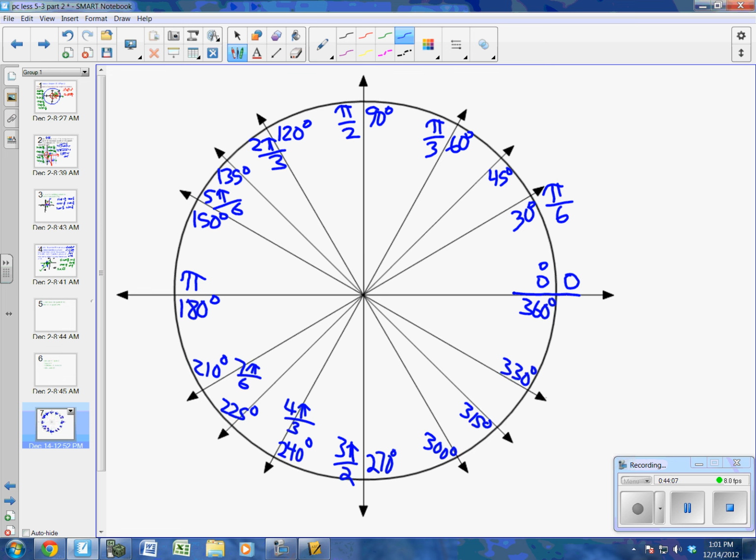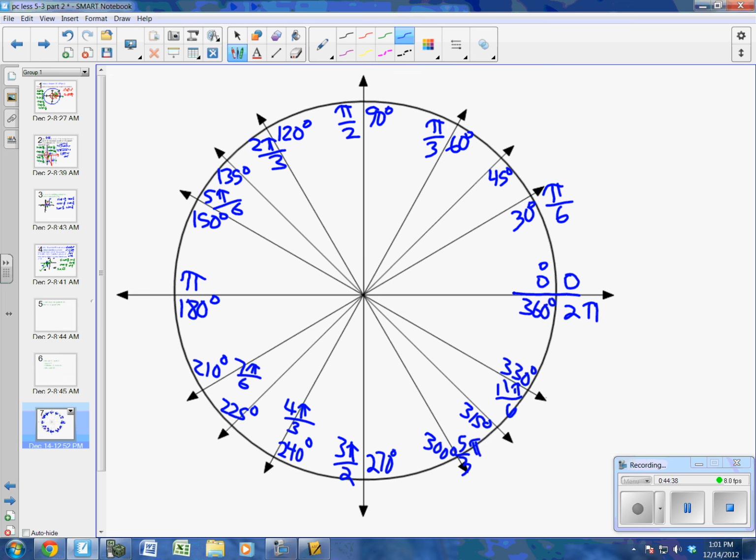Well, 10/6 reduces to 5/3. After 10/6 comes 11/6. So 11 pi over 6. And after 11/6 comes 12/6. And 12/6 reduces to 2 pi. Okay, we got that?